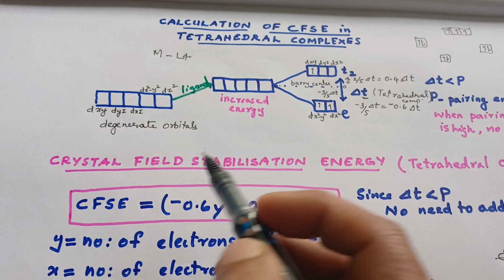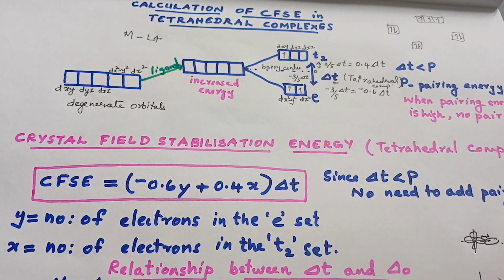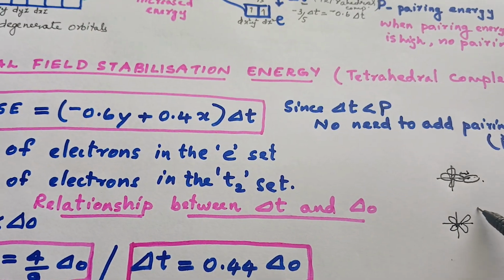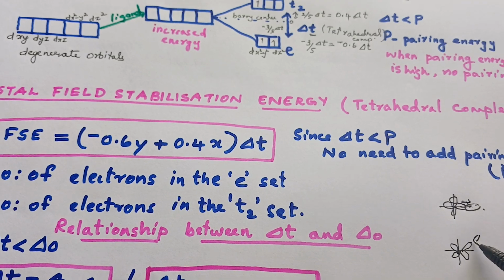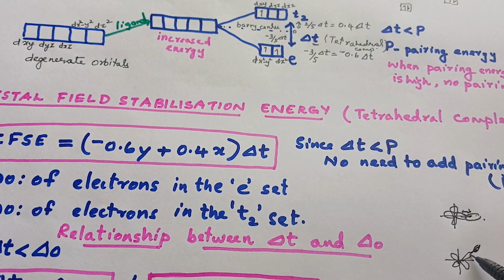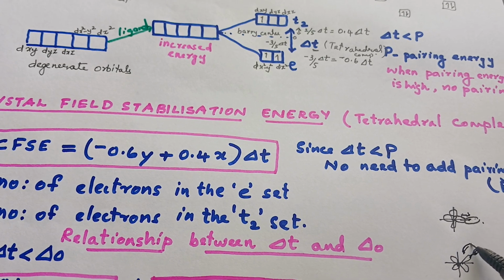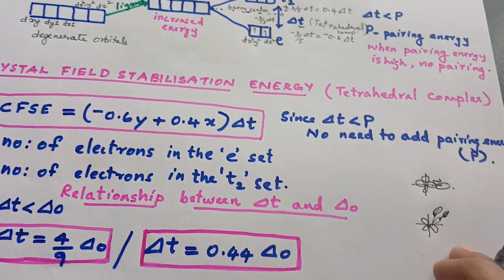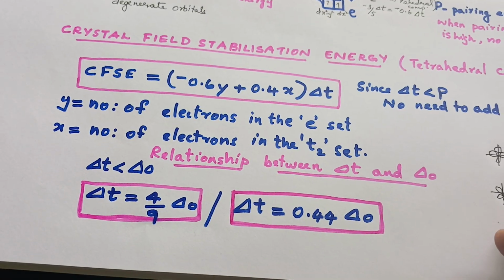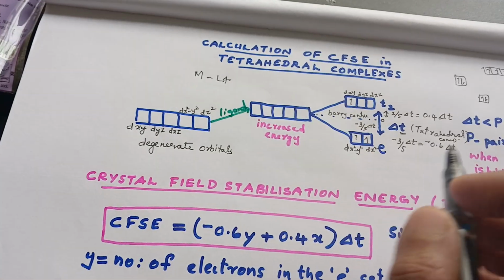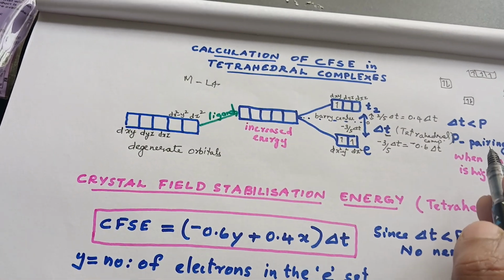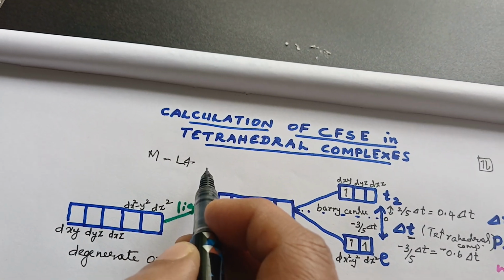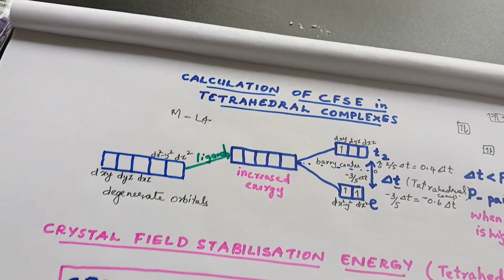Whereas in the case of tetrahedral complexes, the d orbital lobes are like this, and the ligands are coming like this. So it may not be coming straight, it may be coming at an angle. So the probability of interaction is less in tetrahedral complexes, and there are also fewer ligands: in tetrahedral complexes there are only 4 ligands, whereas in octahedral complexes there are 6 ligands.